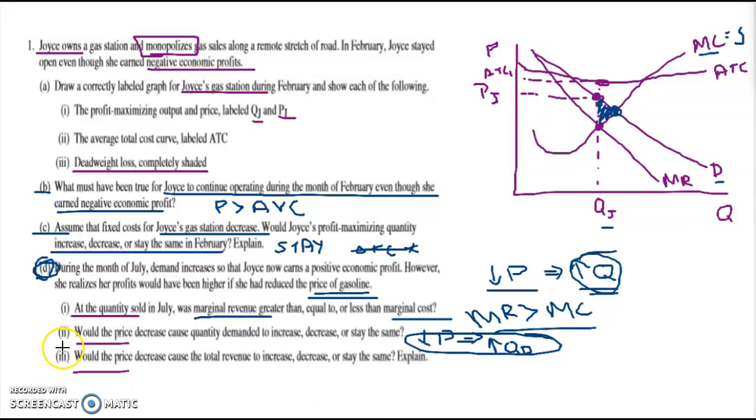All right, final one. Number 3, would the price decrease cause total revenue to increase, decrease, or stay the same? The answer is actually increase. And the reason is because we know that monopolies are only going to produce in the elastic range, right? The elastic range is all the way up until marginal revenue hits the 0 mark.